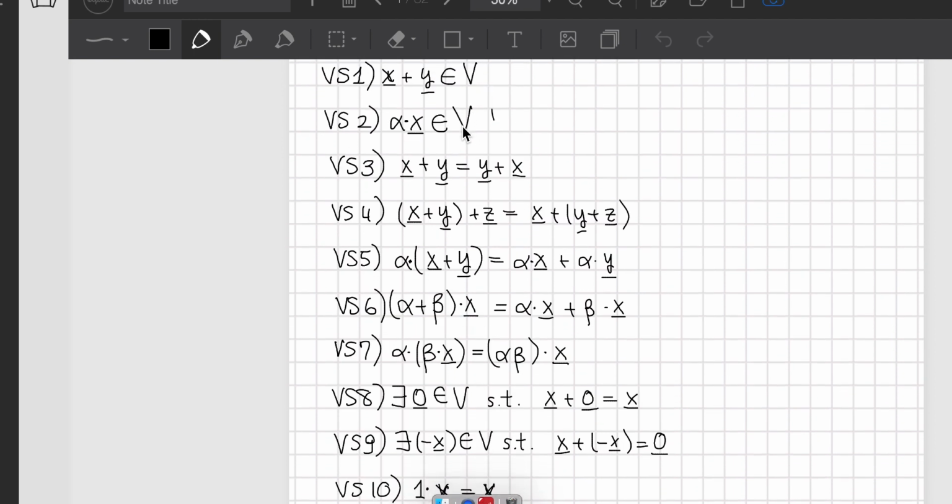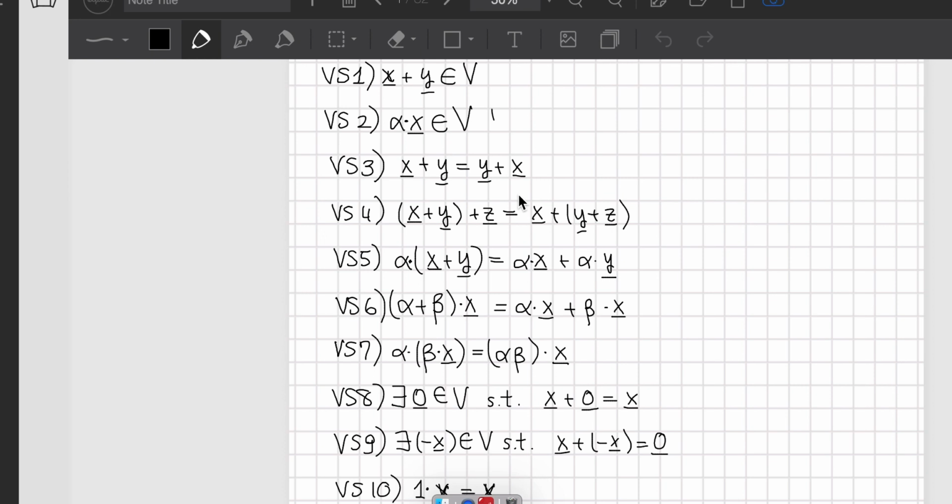Right, and the main idea is if the condition does not contain any claim that a vector must belong to V or stuff like that, then obviously it's going to hold true for a subset of V. For example, VS3, the commutativity of addition. It says for every vector x and y belonging to V, x plus y is equal to y plus x.